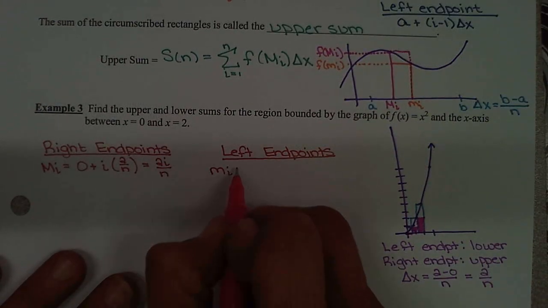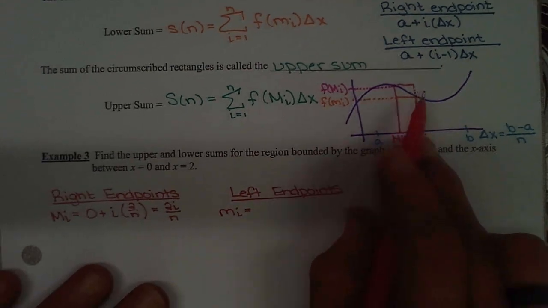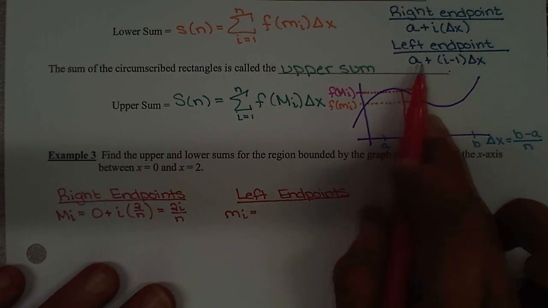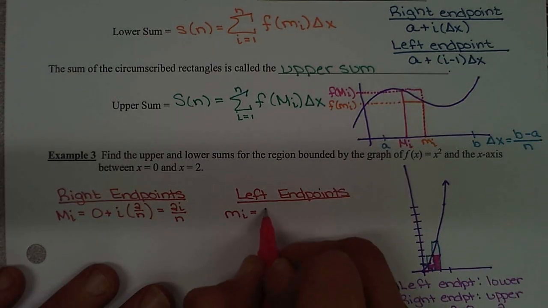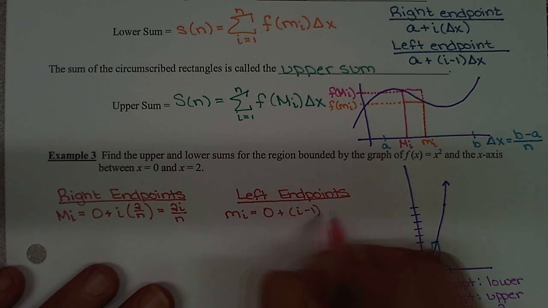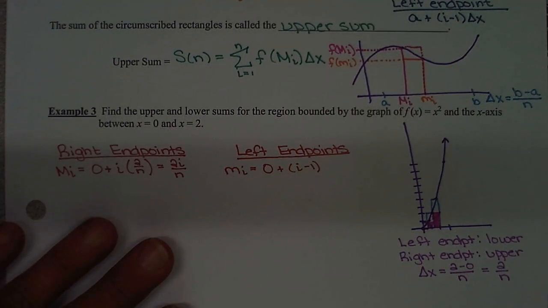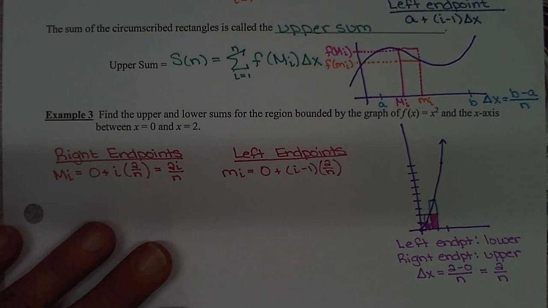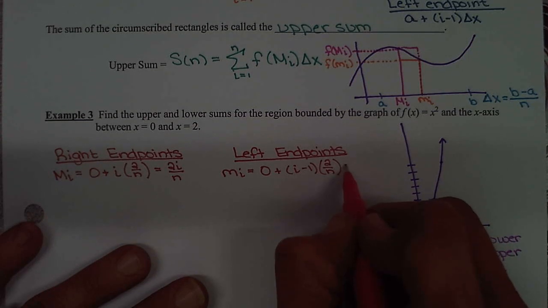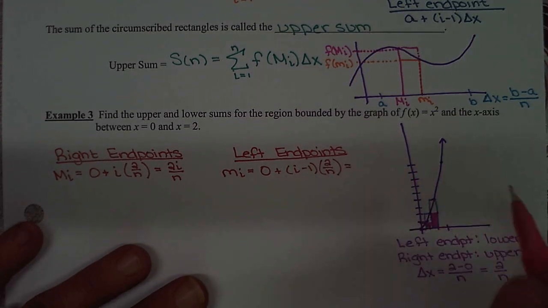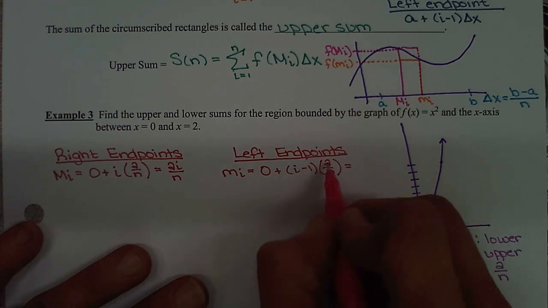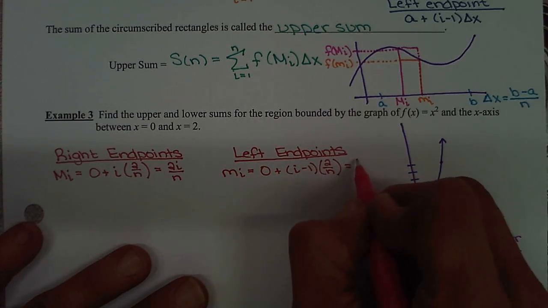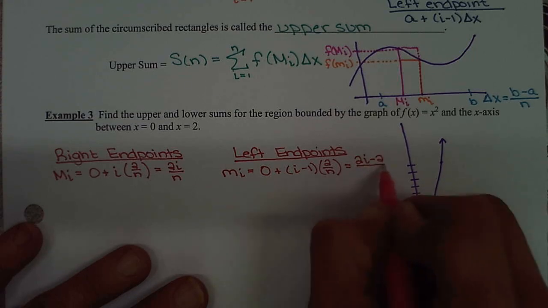So lowercase m sub i equals, following the formula for our left endpoints, A, which again on this one is 0, plus i minus 1 times my delta x, and remember delta x is 2 over n. So I'm going to distribute the 2 to the i and the minus 1 to make 2i minus 2 over n.